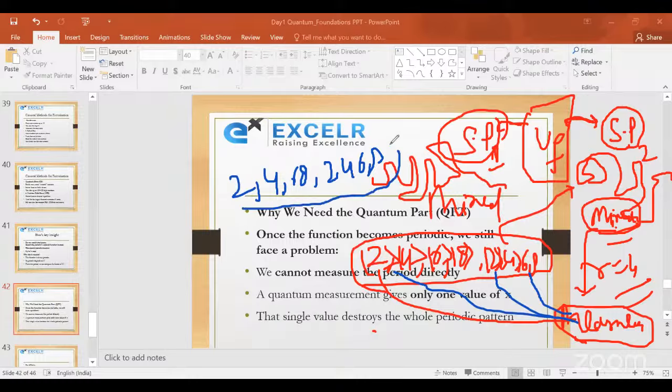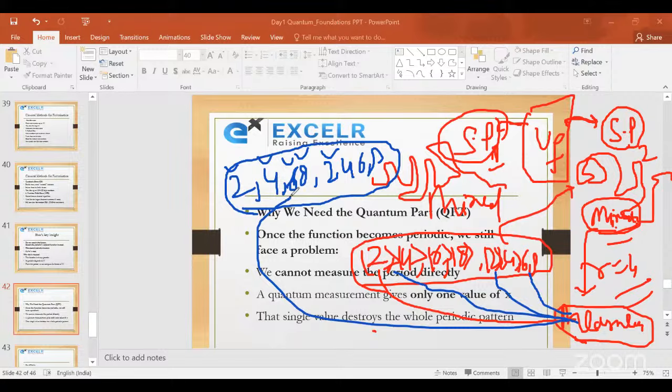We can find the periodicity if we have at least 5 outputs. If suppose we have this 6, how can we say what the periodicity is?